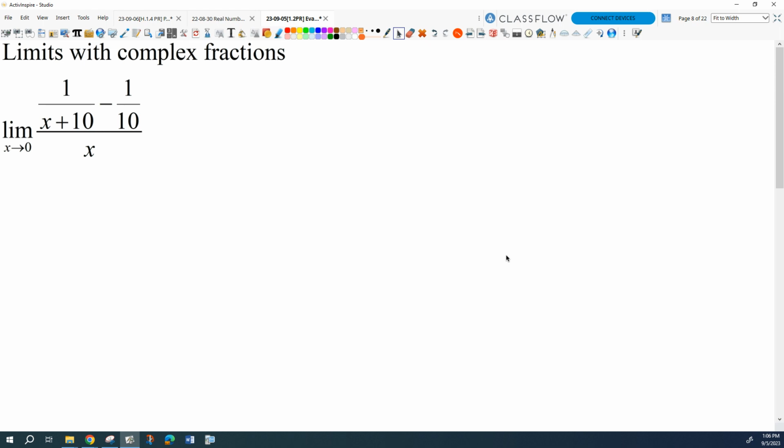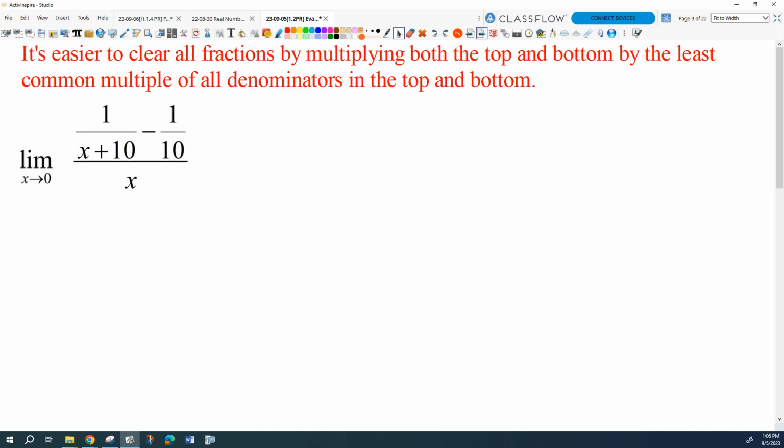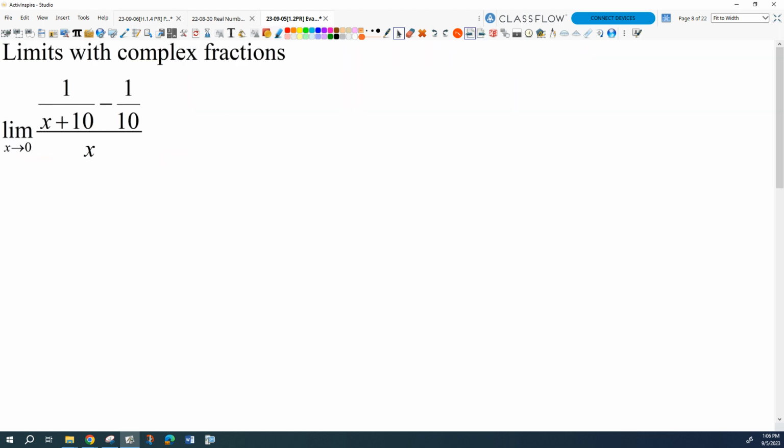So there's a couple ways we can go with this. So one way we could do this is we could just simplify top and the bottom and create a rational function out of this. Okay, so what would that amount to? I got to get a common denominator. What's my common denominator going to be on the top?